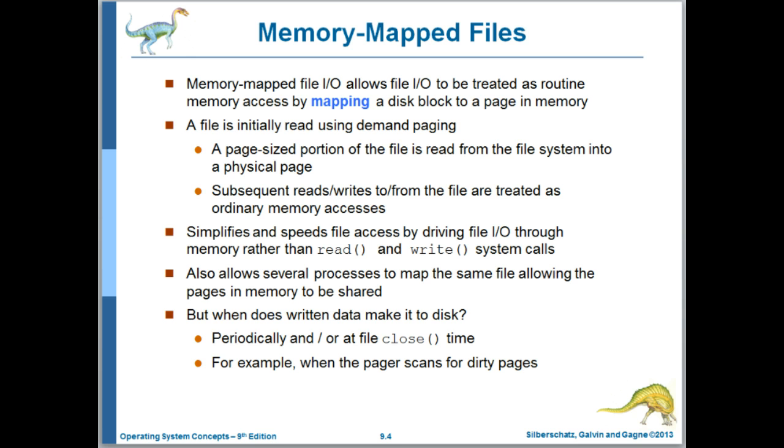Of course, initially we will have a page fault as the portion of the file that we're accessing is brought into memory, but then the subsequent file operations are treated as memory accesses.